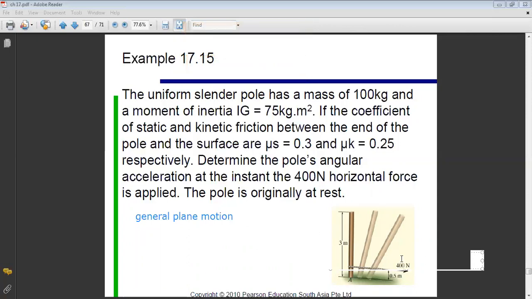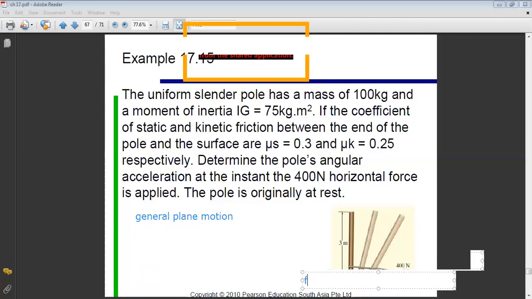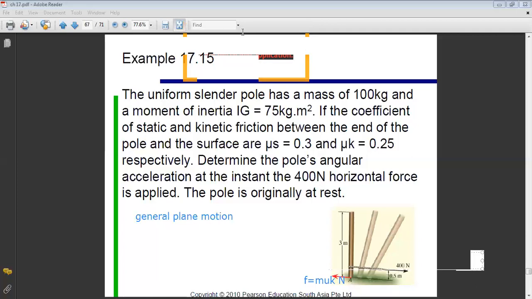If it will slide, what will be my friction, static or kinetic? Kinetic. And once it's kinetic, it's not unknown anymore. So F is equal to mu K times N, which means F is a function of N. So I reduce the number of unknowns because instead of having F and N, I only have N unknown.